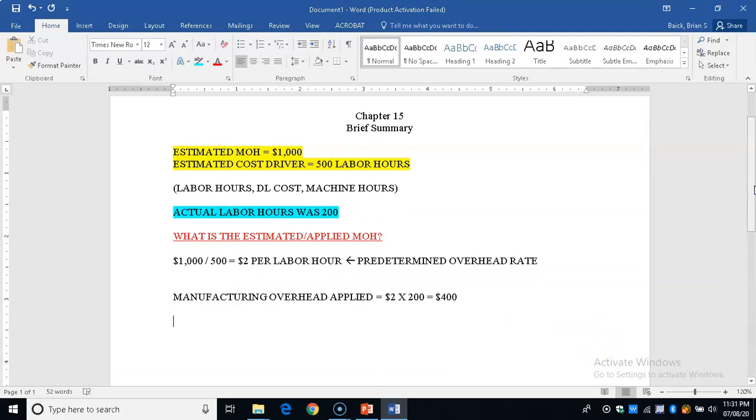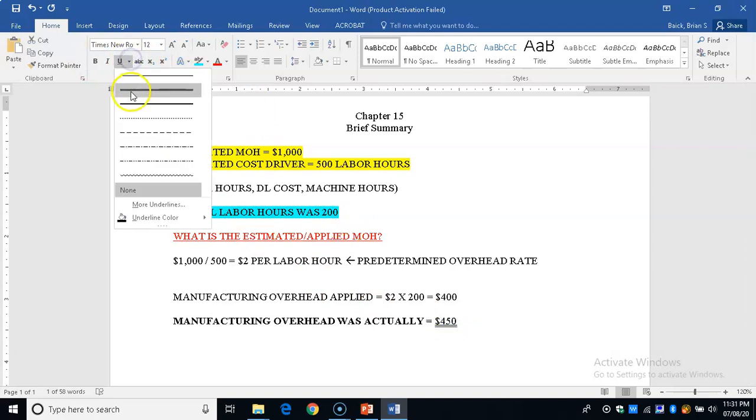Now, what if at the very, very end of the year, manufacturing overhead was actually $450? We would only know this number at the very end of the year when we count up all of our receipts and everything.